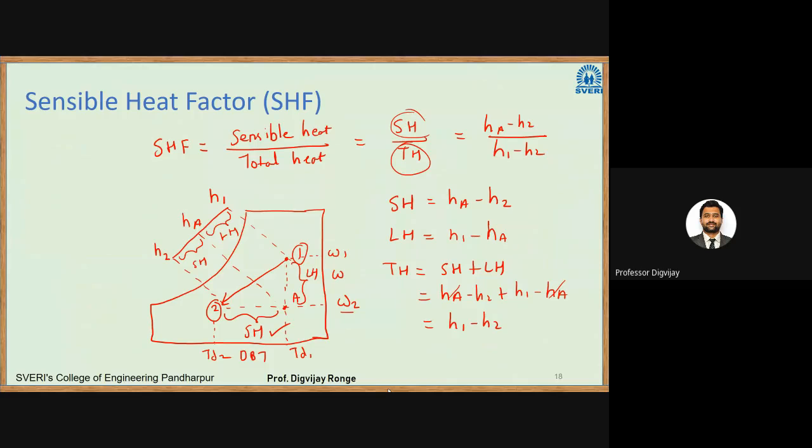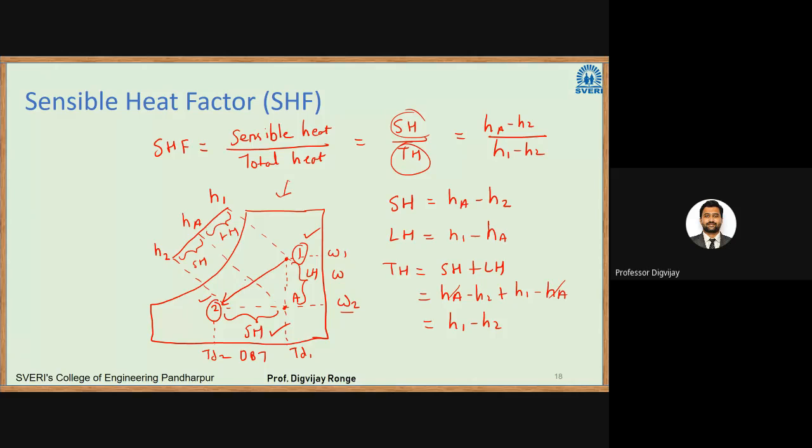Another factor we have seen is the sensible heat factor, and we have solved a numerical also. Sensible heat factor is the ratio of sensible heat to the total heat. I explained it with the help of a psychrometric diagram. Suppose you are at point 1 and you go to point 2.